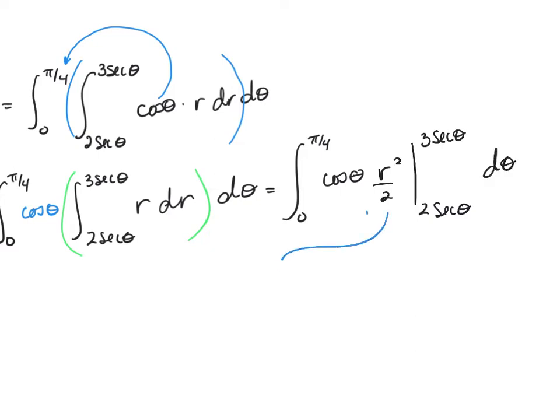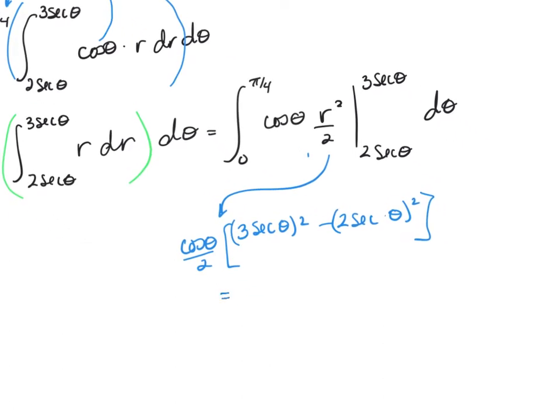I'm going to do this. So I'm going to have the cosine of theta multiplied by r squared, which is going to be 3 secant of theta quantity squared, minus 2 secant of theta quantity squared, all over 2.